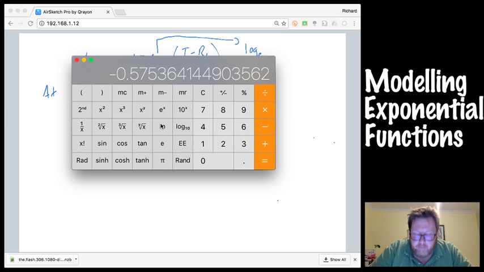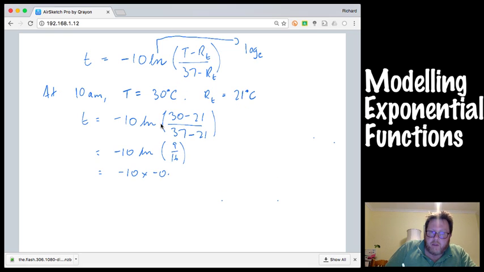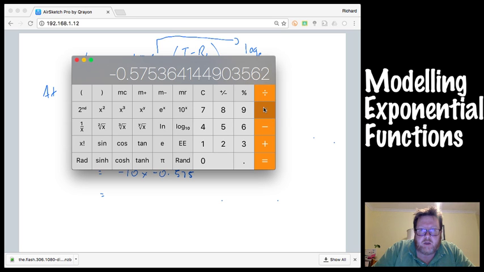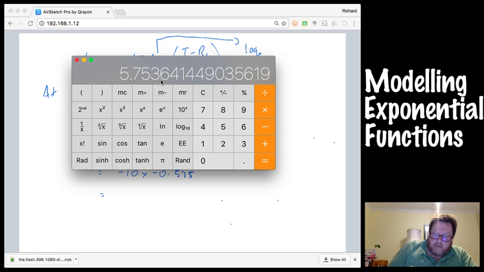Click on that, and I get negative 0.575, and it goes on. So I'll say equals negative 10 times negative 0.575, which equals, and again, you can just do it in your head or multiply it by negative 10, 5.75, just to 2 decimal places.